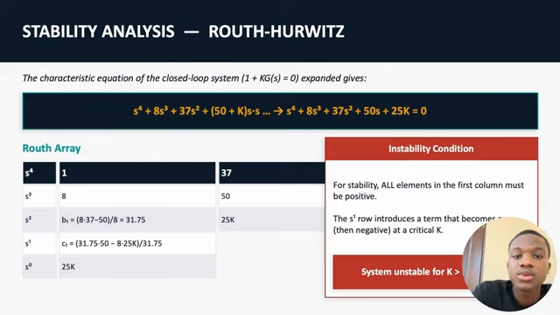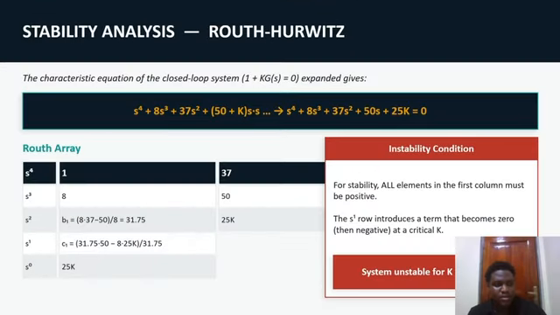Then we construct a Routh array, which is illustrated over there. The condition states that for a system to be stable, all elements in the first column must be positive.